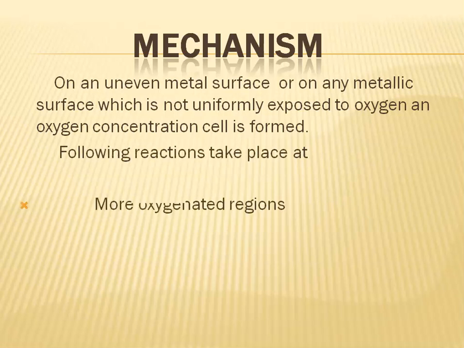The more oxygenated regions use the oxygen dissolved in the atmospheric moisture and electrons to give hydroxide ions. As there is acceptance of electrons in this reaction, this region is the cathode.